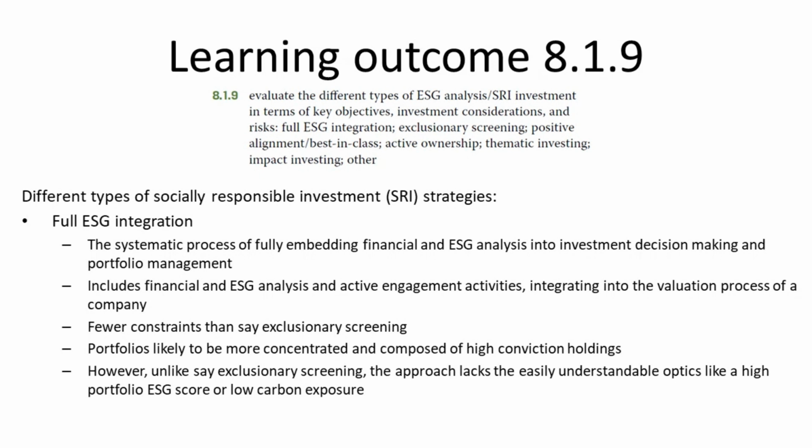That is because, even for, say, a coal mining company, in a way, the company may be considered better than certain peers, so it may still be included. So optically, the firm may look less pretty when viewed using a so-called ESG lens.